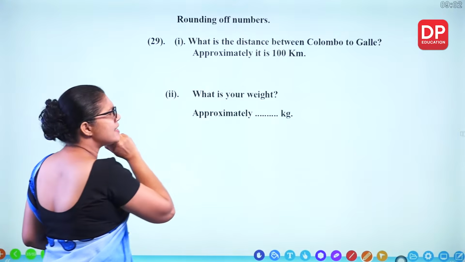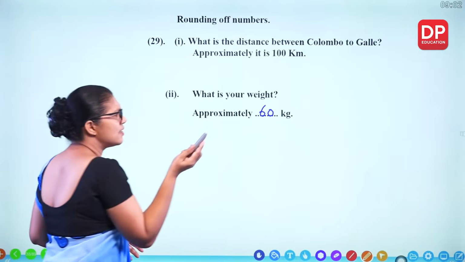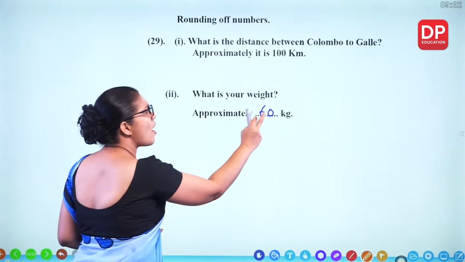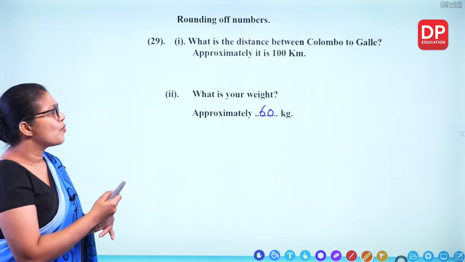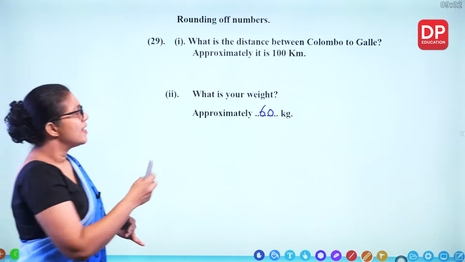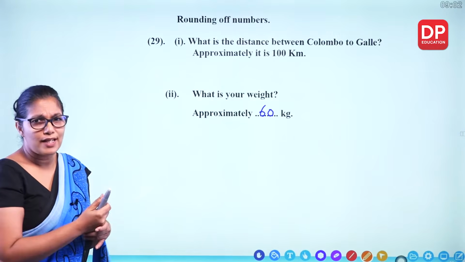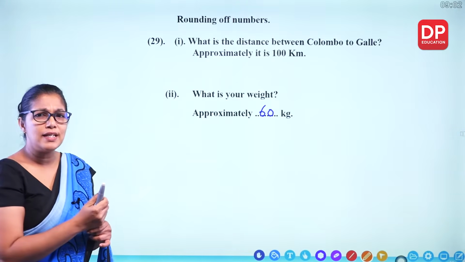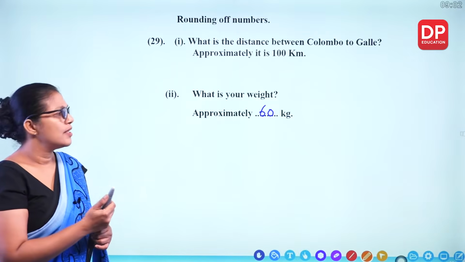What is your weight? You can say approximately 60 kilos. So this number is rounded to the tens place. When you can't give an exact value, you have to round the value. So rounding is important when you want to give approximate values.